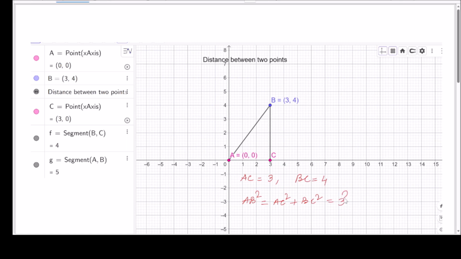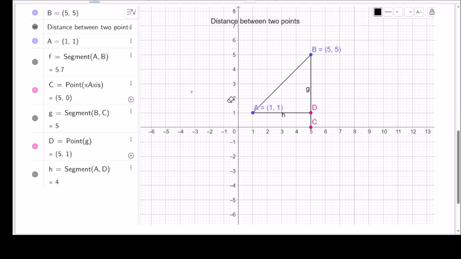So it will be 3 square plus 4 square, 9 plus 16, 25. So AB equals square root of 25. That will be 5. So the distance between these 2 points A and B equals 5 units.